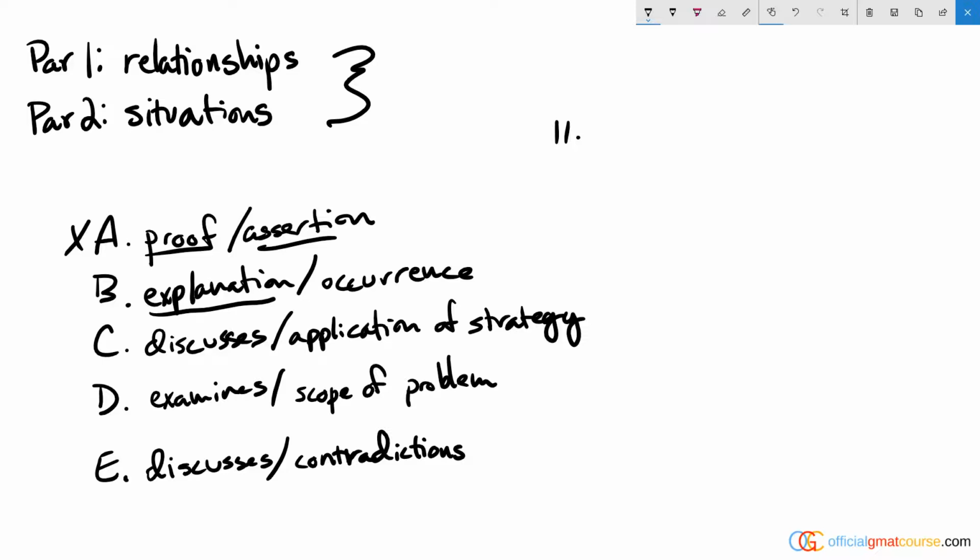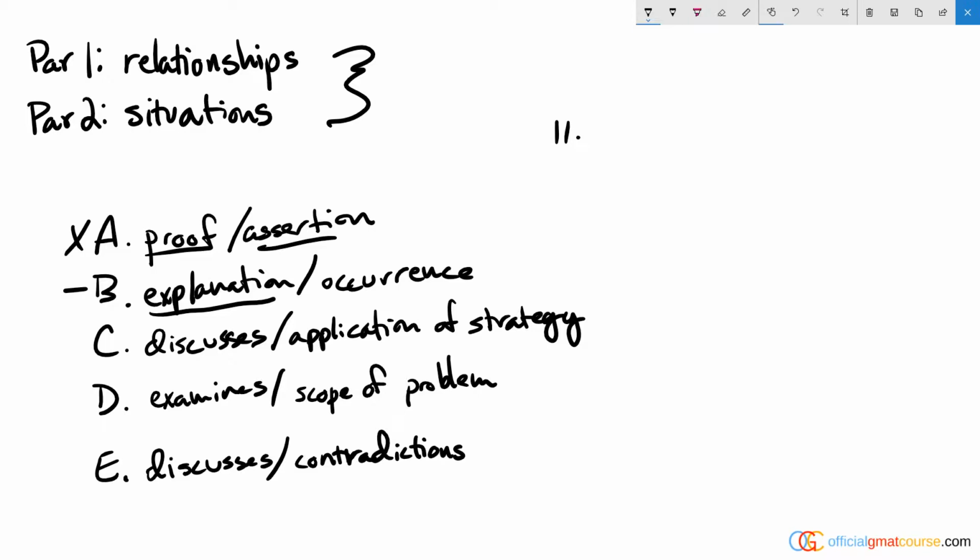I don't think it's explaining anything. And I don't think the occurrence of a situation makes sense either. I guess the situation could be the occurrence of supplier partnerships, but I don't think it's explaining why they occur. It's explaining different situations in which it's advantageous to choose one over the other. This would probably be a hold for me on my first read, but as we go down the list, we'll see why this is not a great answer choice.